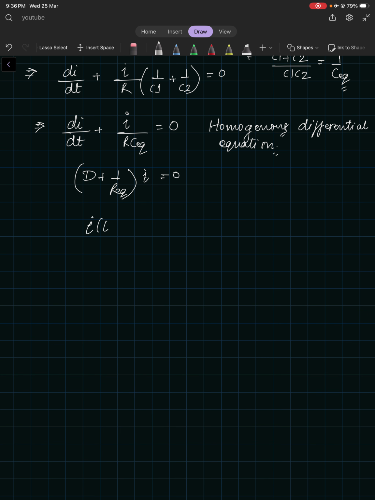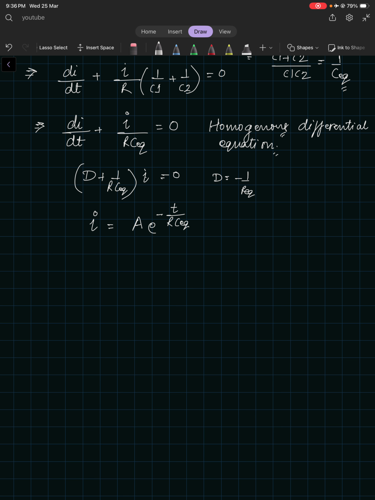This I of t will become some constant A e to the power, D is equal to minus 1 by R into C equivalent. So it will become minus t by R into C equivalent, right?